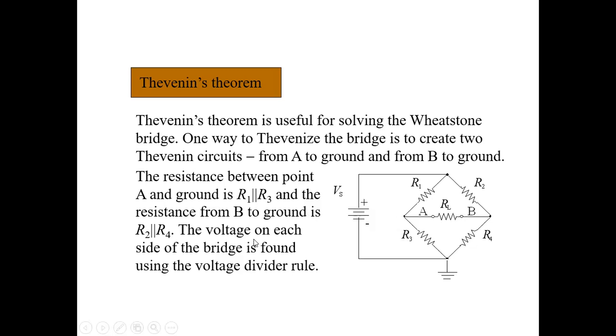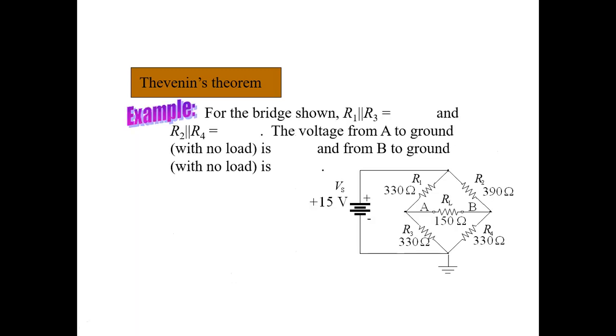The voltage on each side of the bridge is found using the voltage divider rule, R1 divided by R1 plus R2.